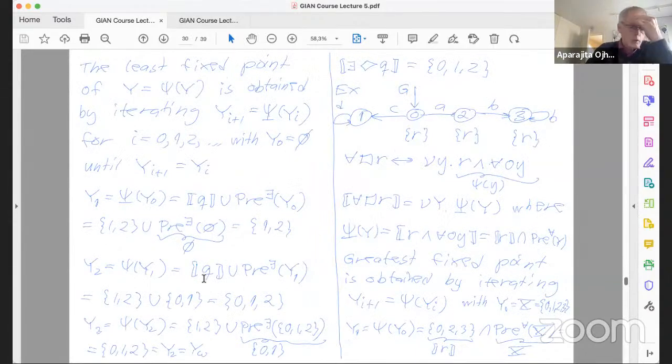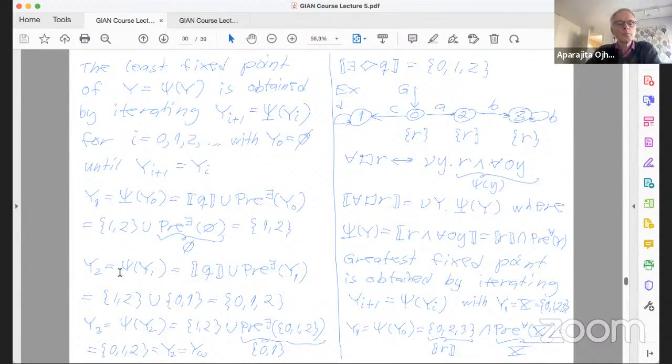So the set of states where Q is true is {1, 2}. And that should be taken with the union of, up here, union of pre of the empty set, but pre of the empty set is still the empty set. You start from nothing and then go backward from nothing, still gives you nothing. So Y1 is {1, 2}.